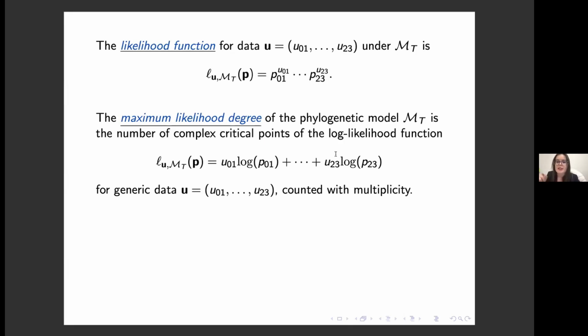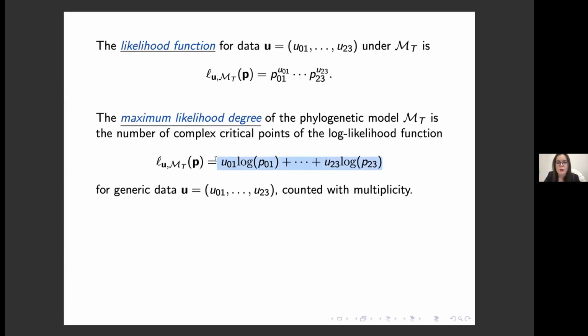In this talk, instead of computing the maximum likelihood estimate, we will talk about the maximum likelihood degree. The definition of the maximum likelihood degree is as follows. We take the likelihood function, which here should have been capital L, sorry, we apply log to it, and then we try to find the number of critical points of this log-likelihood function.